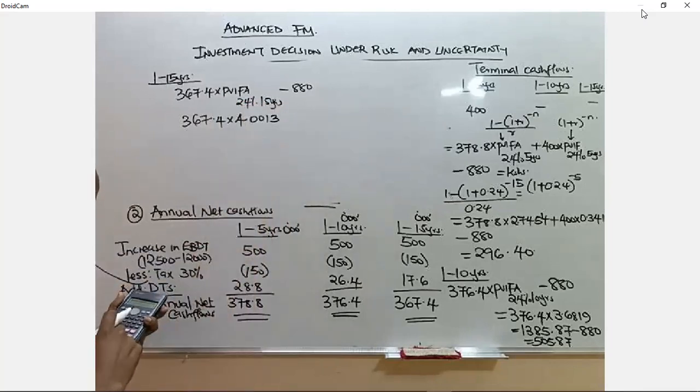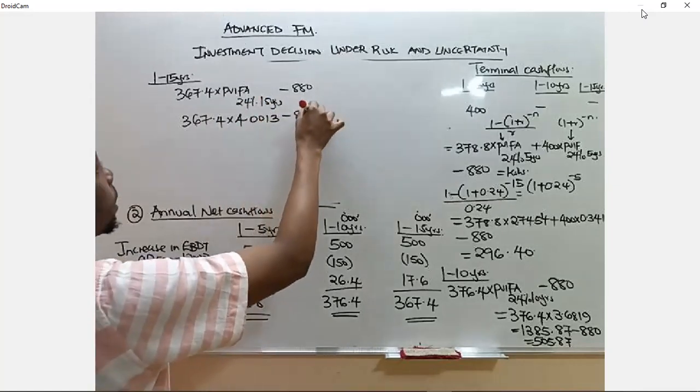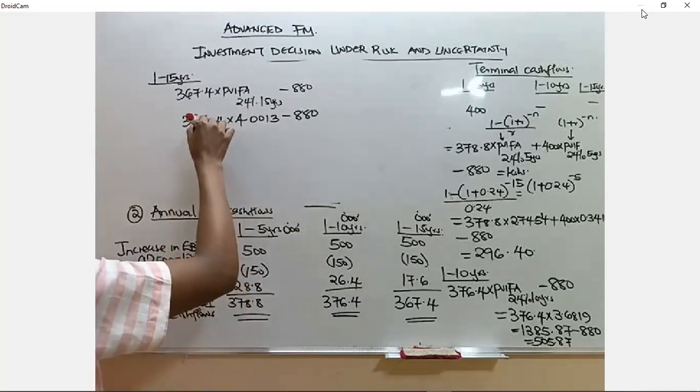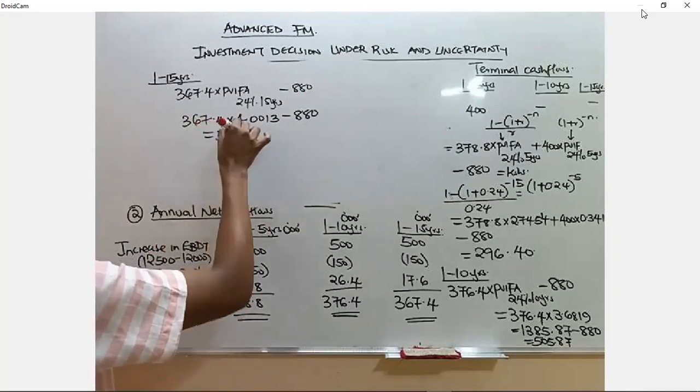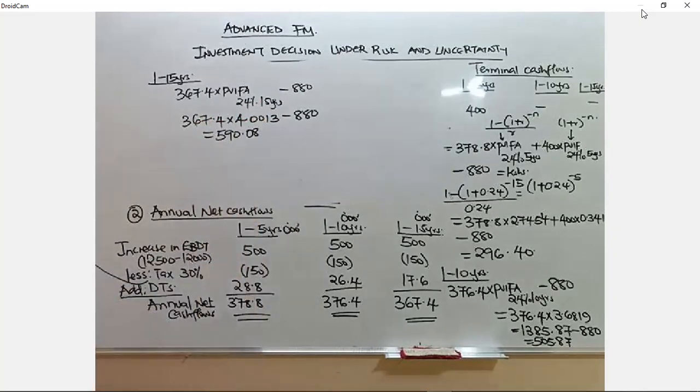Then you multiply by 367.4. 4.0013 times 367.4, getting 1470 minus 880. Getting 590.08.